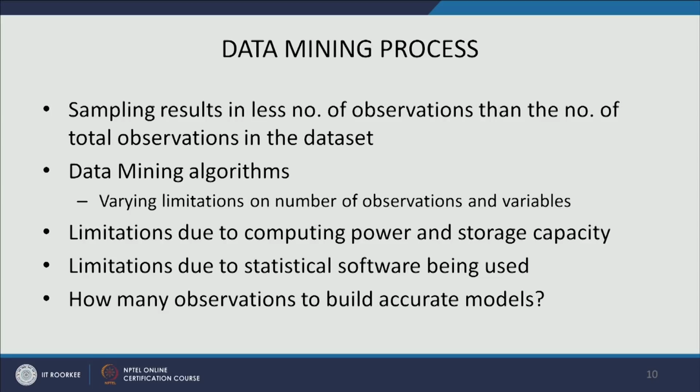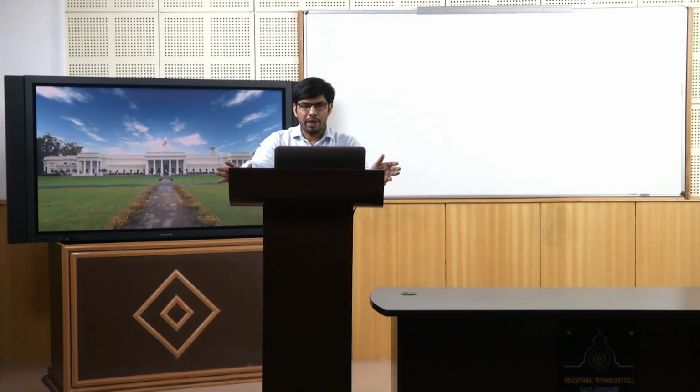Now while we are discussing limitations related to the number of observations, we need to understand how many observations are actually required to build accurate models, because the whole idea is to build good models so that we have good enough results which could be used in production systems later on.